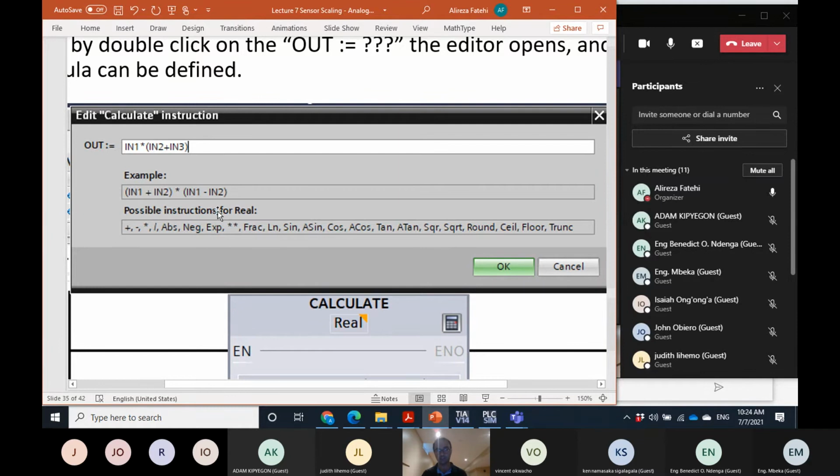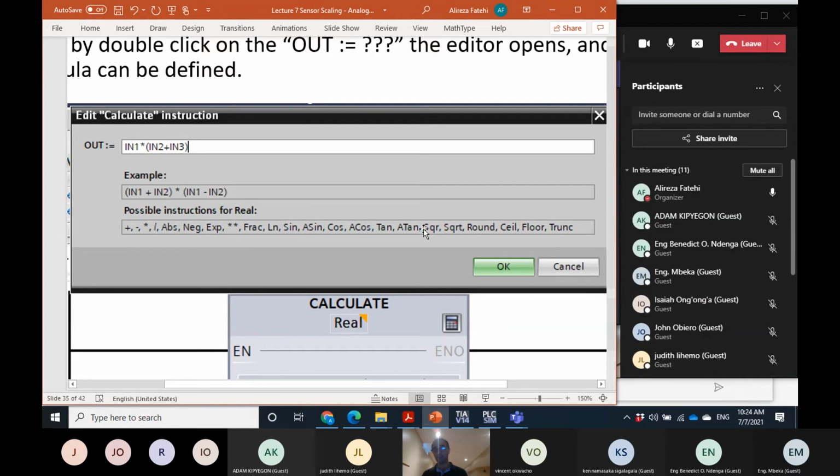The list of instructions that can be supported depends on the type of the variable, and they are written here. For example, if your value is real, then you can have addition, subtraction, multiplication, division, absolute value, exponential, fractions, sinusoidal, trigonometric functions, square root, and many others.